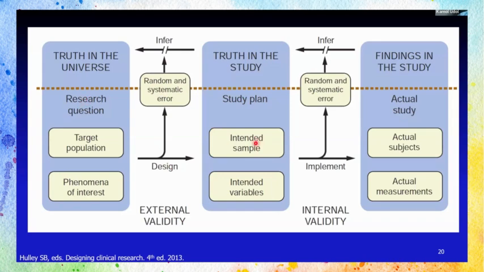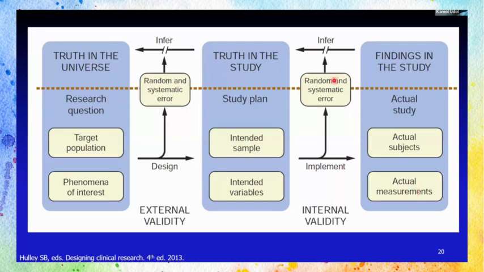The intended sample may not represent the target population. The intended variables may not represent the phenomena of interest. And from the plan, when we actually conduct the study, we get actual subjects which might not fully represent the intended sample, and we get actual measurements that might not fully represent the intended variables.